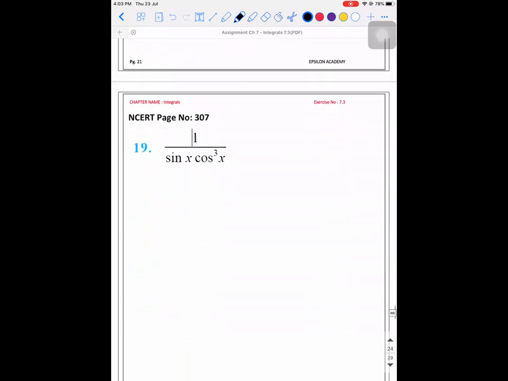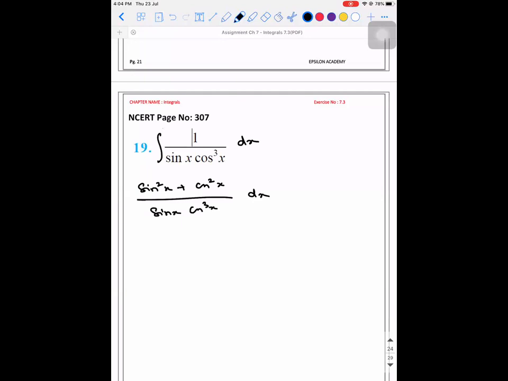The 19th: 1 divided by sin x into cos cube x. Sir, should we write 1 as sin square x plus cos square x and then separate? Okay, I do this.